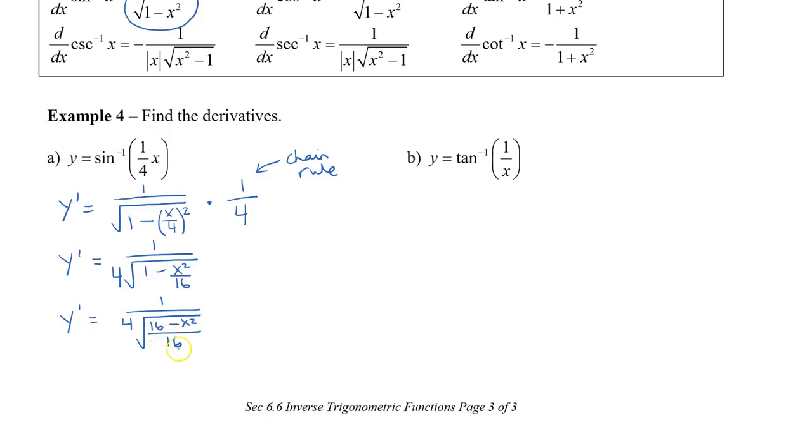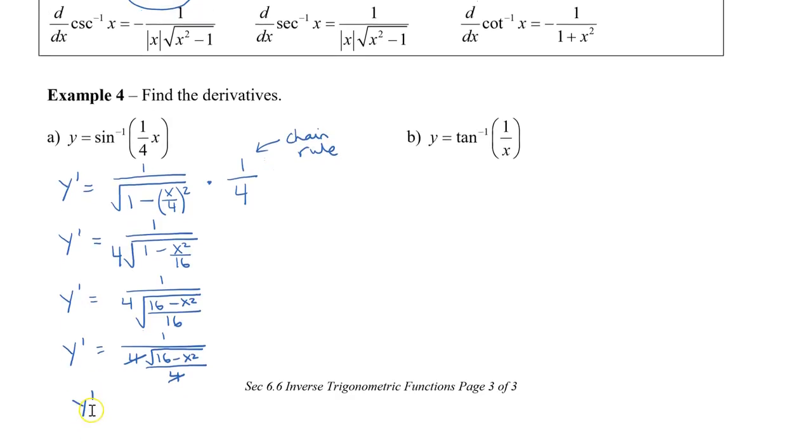And I can square root 16 in the denominator, and that becomes 4. So the 4's will cancel off. So I have y prime is equal to 1 divided by the root 16 minus x squared.